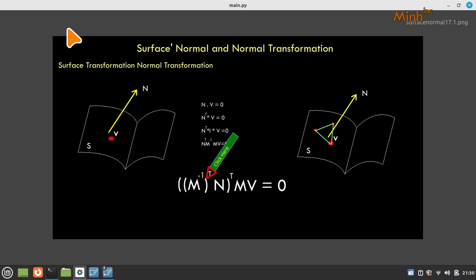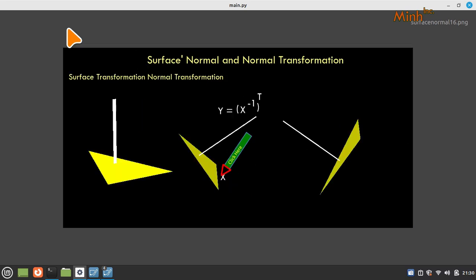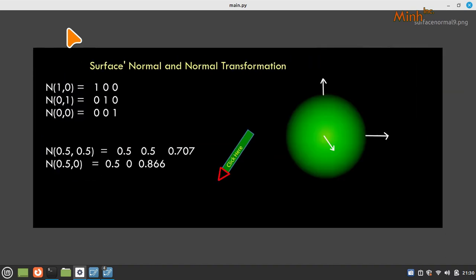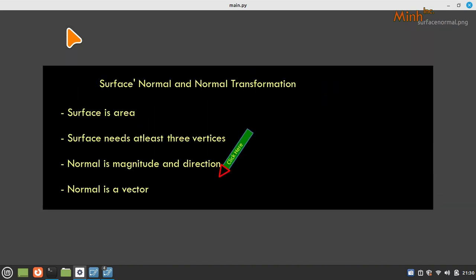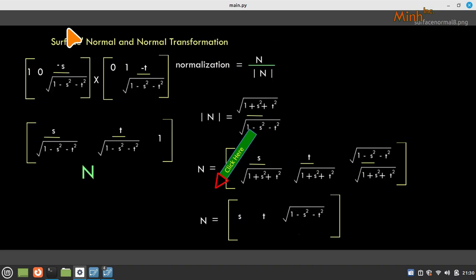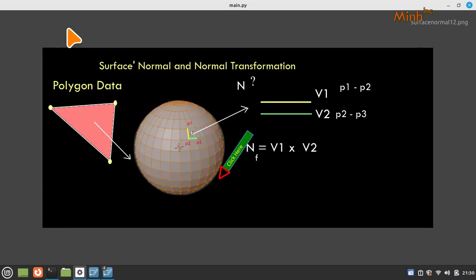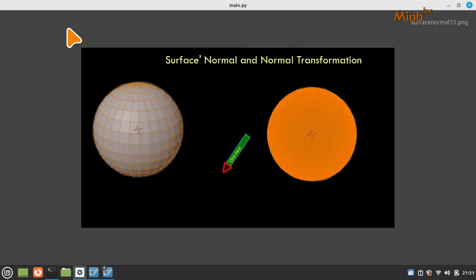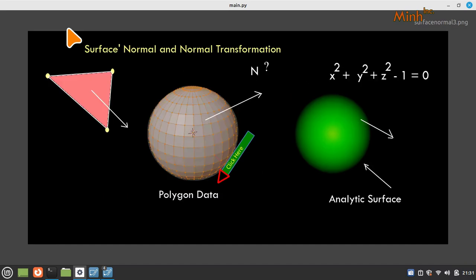It is not required to calculate the transpose and inverse of the normal. All the research people have done, whatever we saw in the training, is not required.